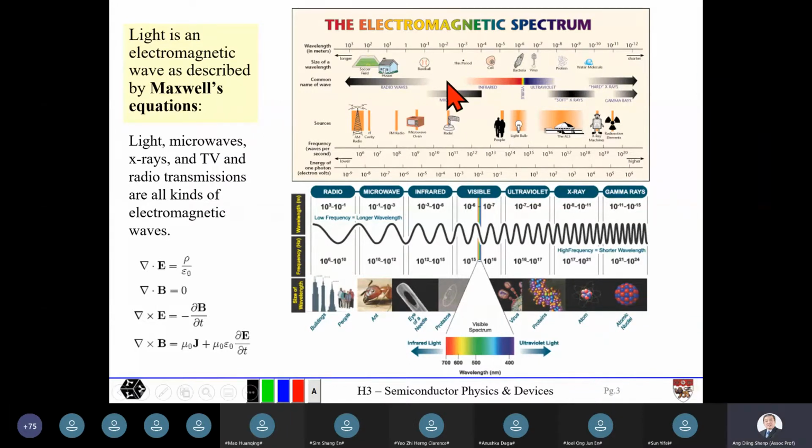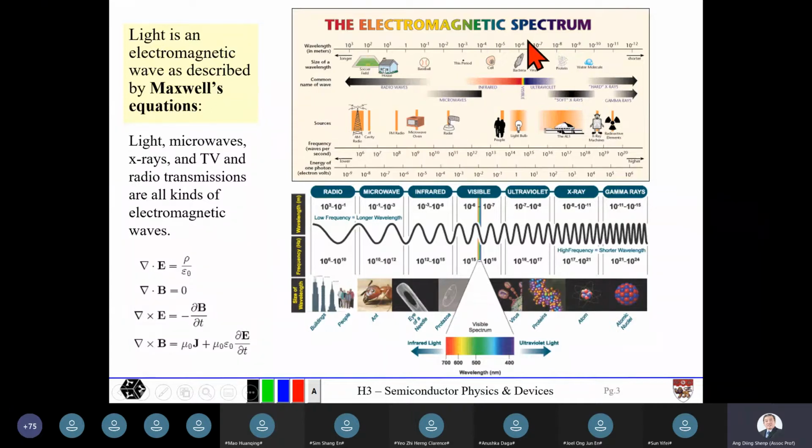After radio waves will be microwaves, having wavelength around 0.1 meter to about 10 to the power minus 4 meters. So this range belongs to microwaves.